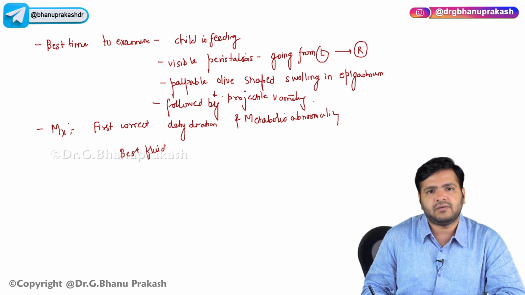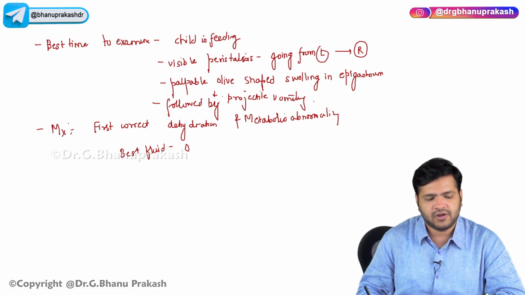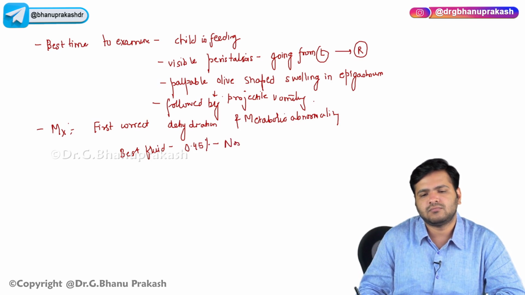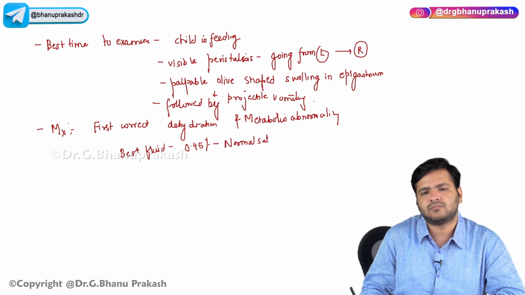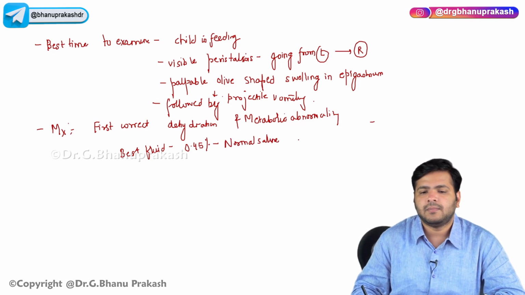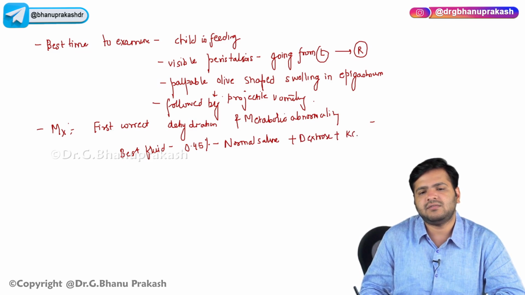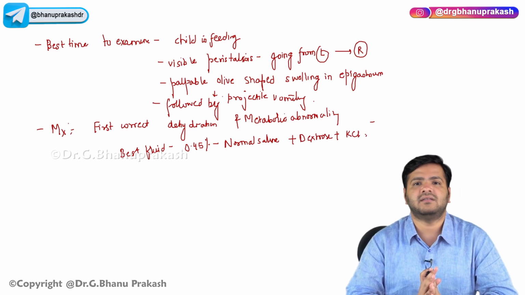The best fluid is 0.45% normal saline plus dextrose you can give plus KCl, right?